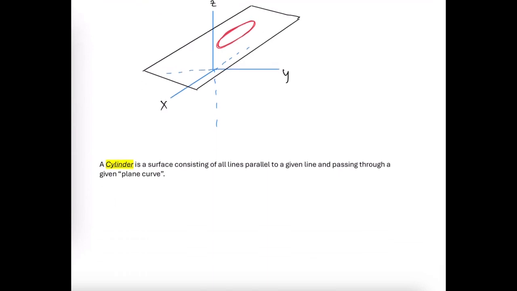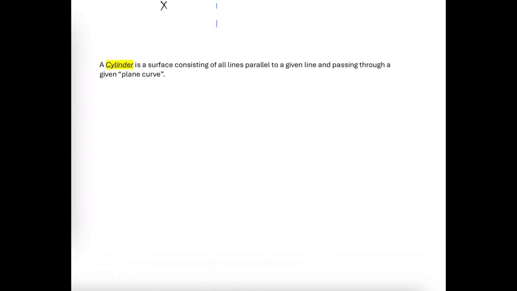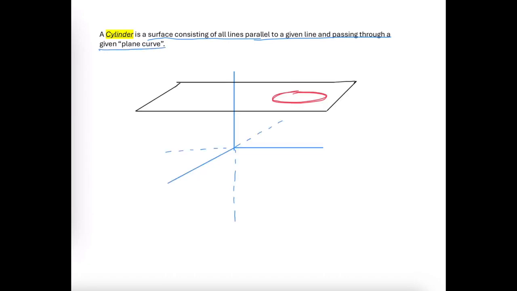A cylinder is going to have a more general definition than what we traditionally think of as a cylinder. A cylinder is a surface that's containing all lines parallel to a given line and passing through a given plane curve. So let's go back to the drawing of the original plane curve that we had a moment ago, where we have a plane and an ellipse that is entirely contained within that plane, so we have an elliptical plane curve.